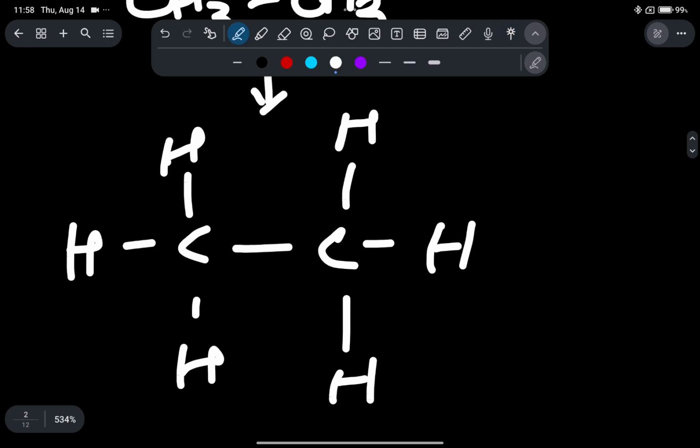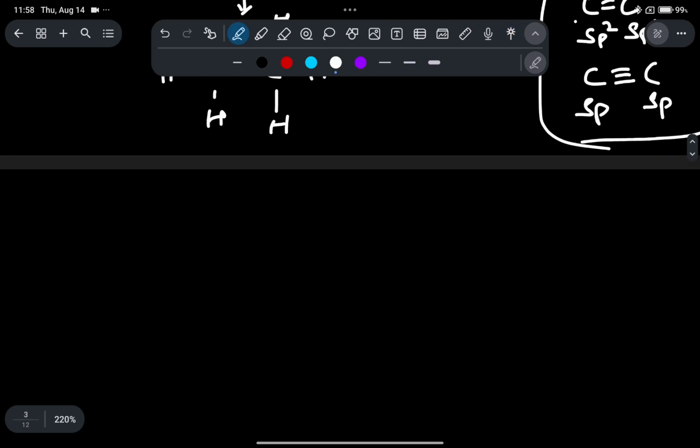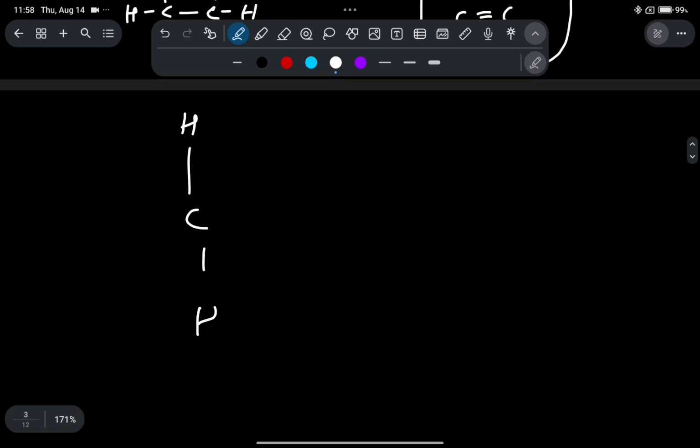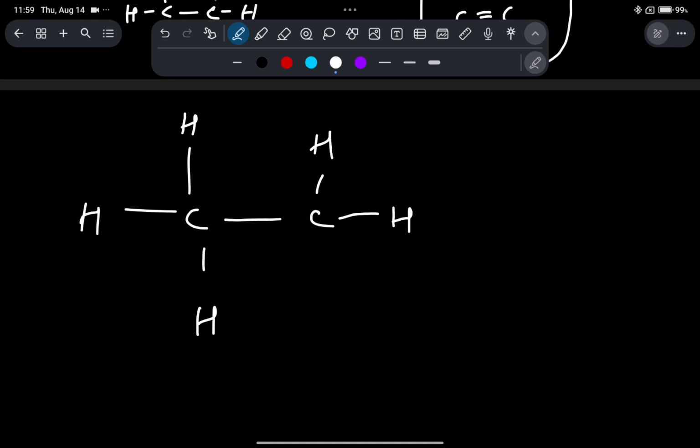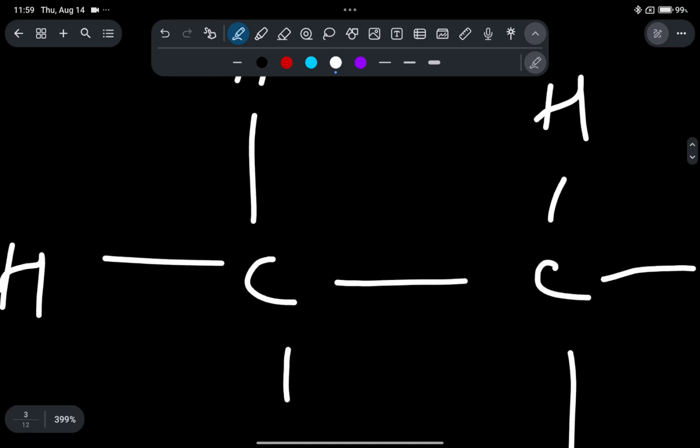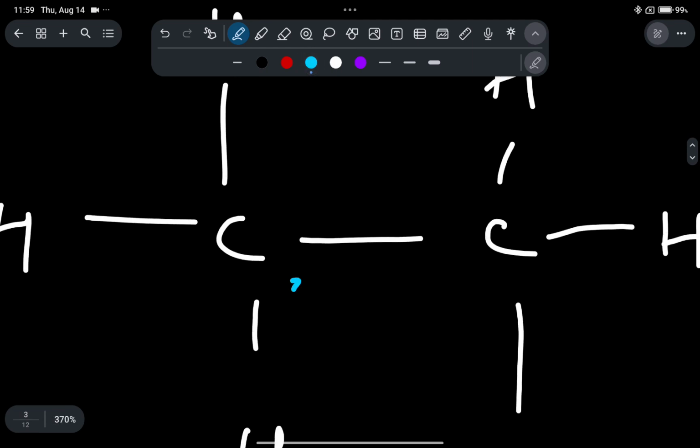I'm drawing the big diagram here so that you can understand very well. So here it's sp3. This carbon is also sp3.